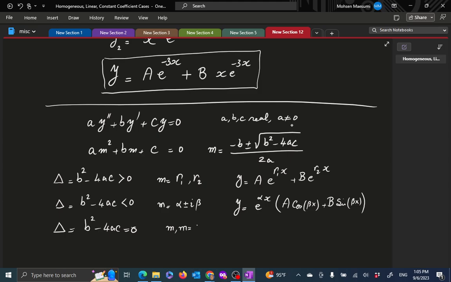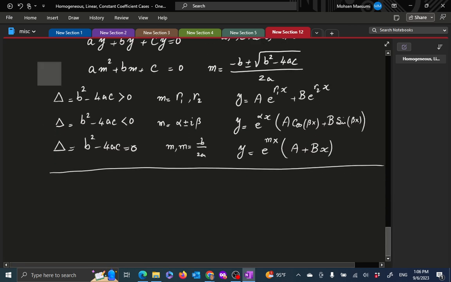Your solution will be exponential of whatever that number is times a plus bx, or ax plus b, whatever. Just like we have here, exponential of minus 3x, times a plus bx. So the root that is repeating times the polynomial. That covers all of these cases.